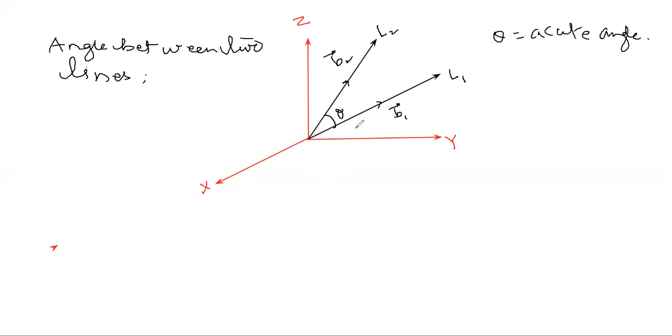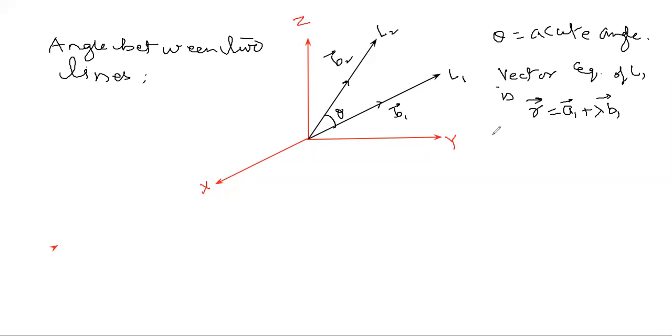So what will be the equation of line L1? Vector equation of L1 is R vector is equal to vector A1 plus lambda vector B1.